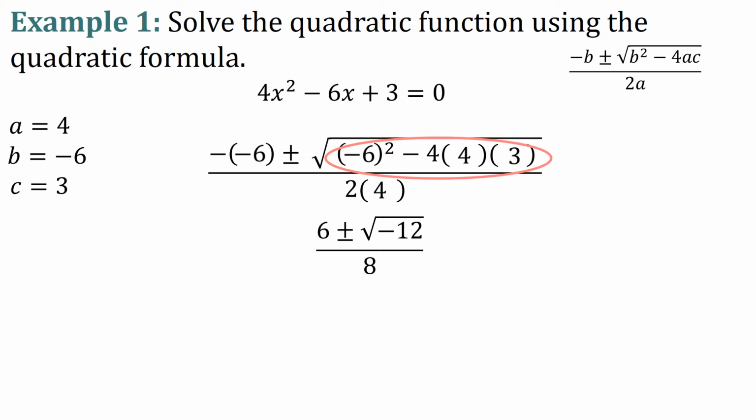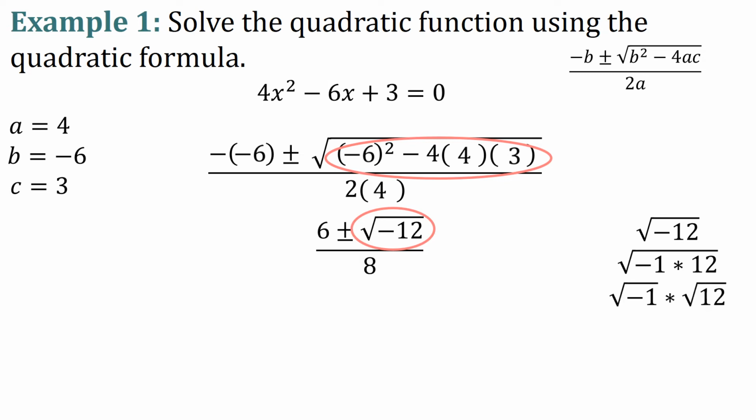Breaking down negative 12. Negative 12 is negative 1 times 12, and 12 is 3 times 4. The square root of 4 is 2, and the square root of negative 1 is i. Oh, I skipped that, I forgot I put that there.